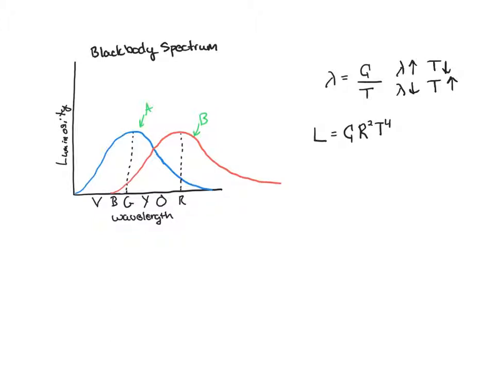So for our two stars here, we associate over here the left with short wavelengths and the right over here with longer wavelengths. So this is going to be our shorter wavelength, and this is going to be our longer peak wavelength.